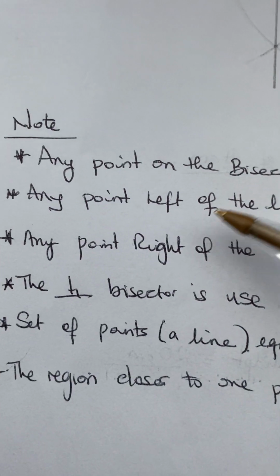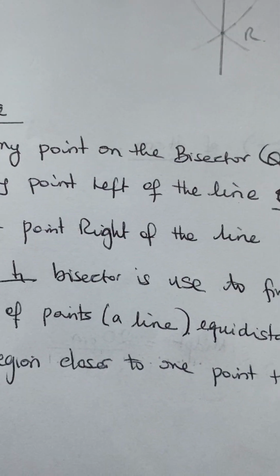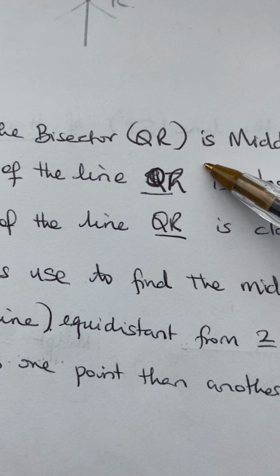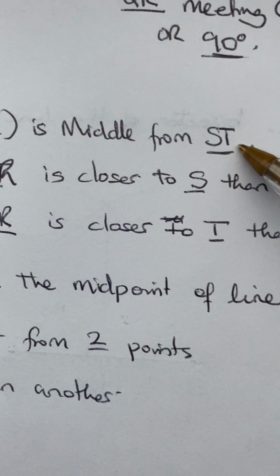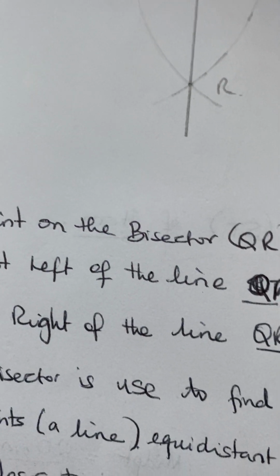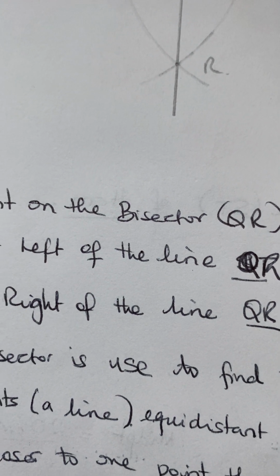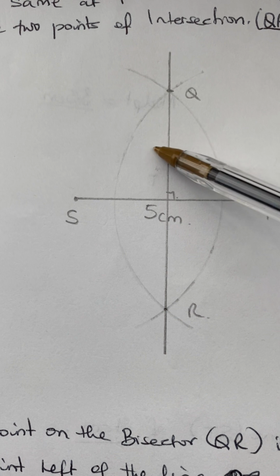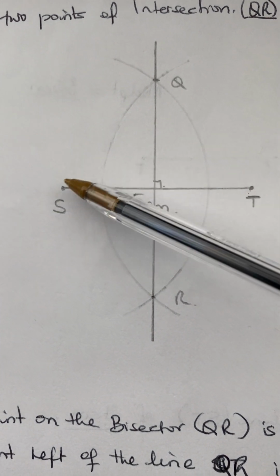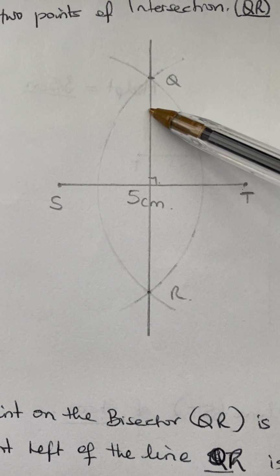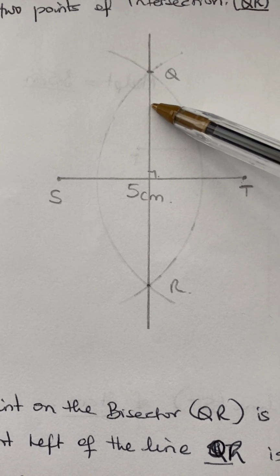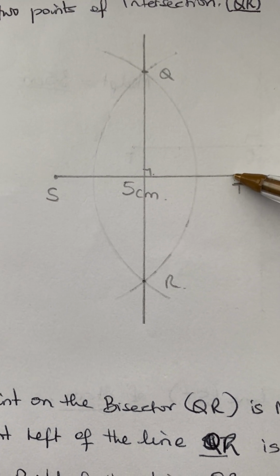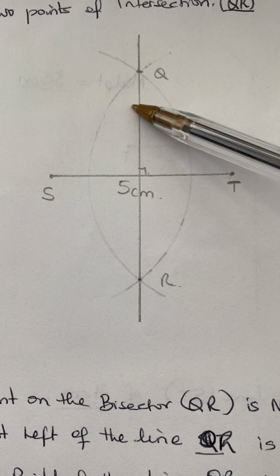Any point on the perpendicular bisector QR is equidistant from S and T. So if I take this point, from S to this point will be the same distance as from T to that point.